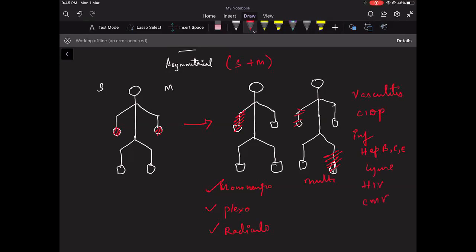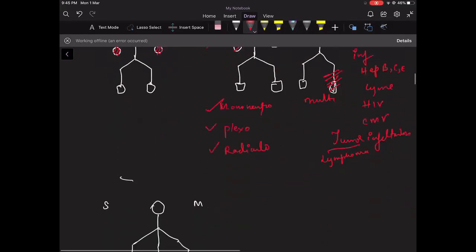Other tumor infiltration could also lead to this kind of presentation, classically by lymphoma or leukemia. This can present like mononeuritis multiplex. And vasculitis classically we see in PAN, polyarteritis nodosa.